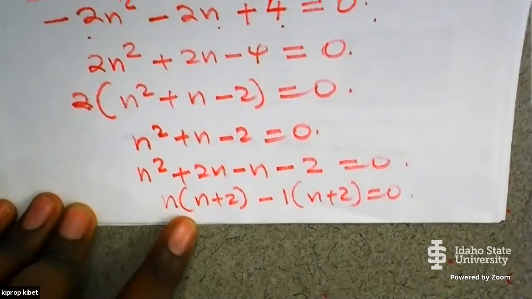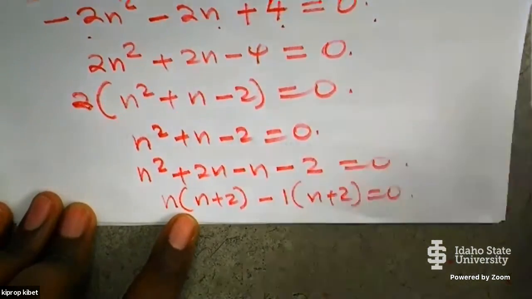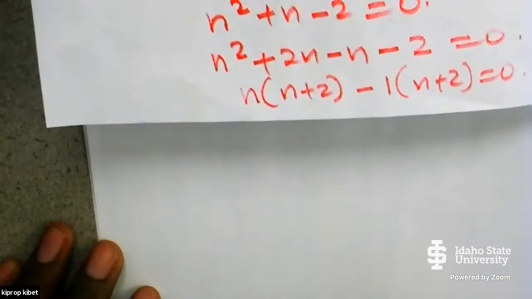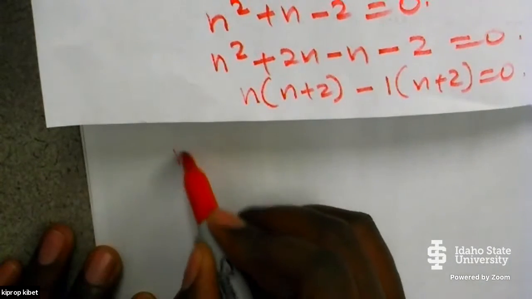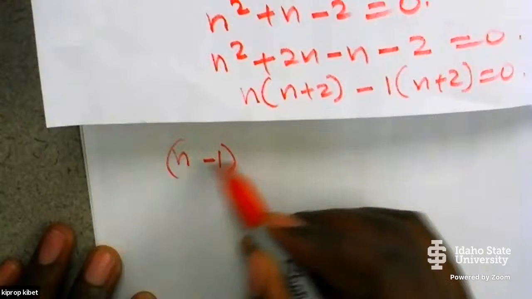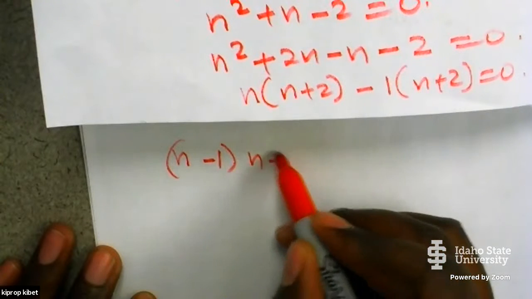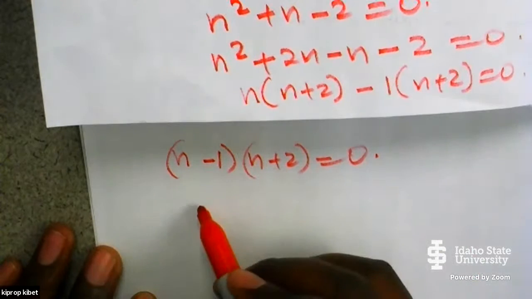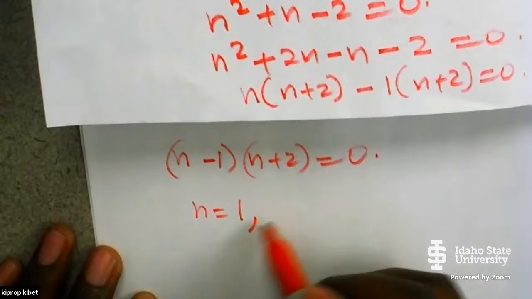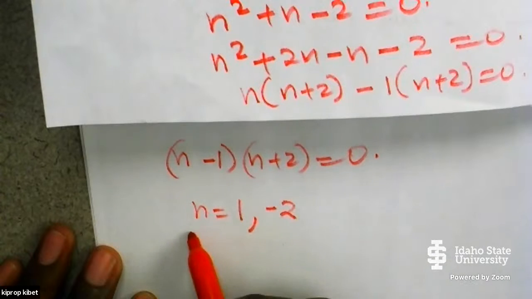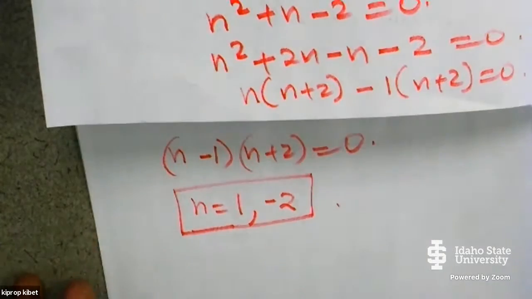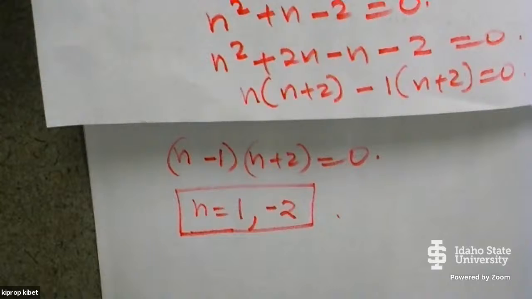Now using the zero product property, it will be (n minus 1)(n plus 2) equals to 0. So finally, n equals to 1, comma, minus 2.